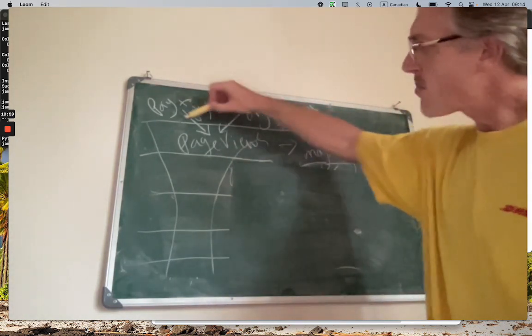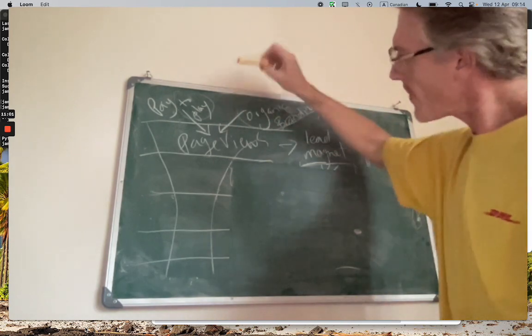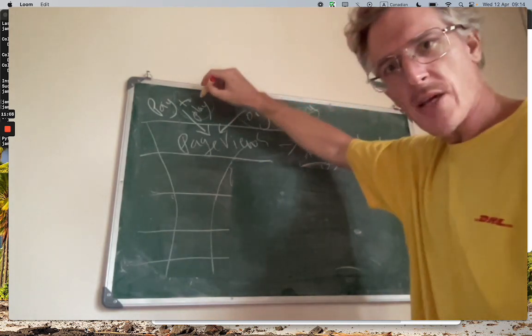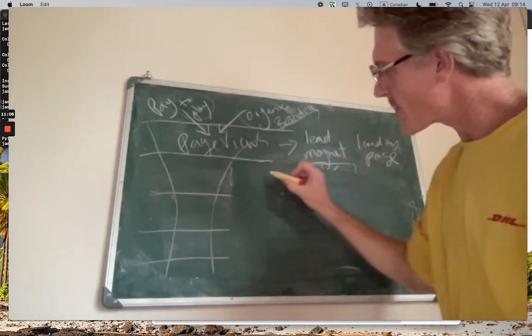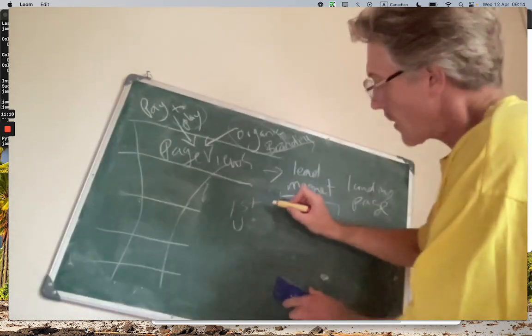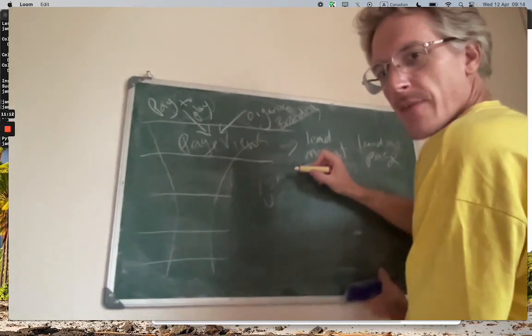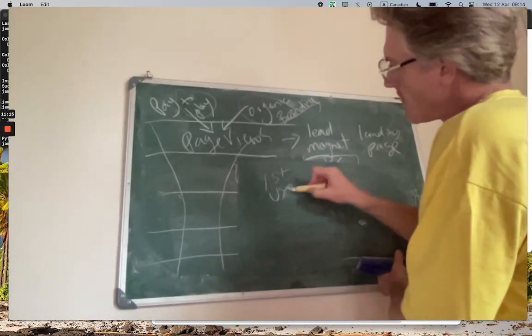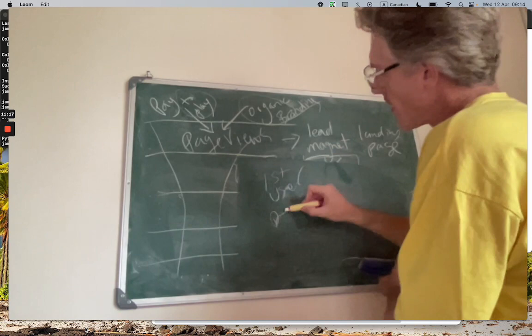Now, you've got your pay to play, and then you've got your organic. The thing is, with pay to play, you don't really want to do that until you find your first customer. So what I need is a user persona, a customer persona.